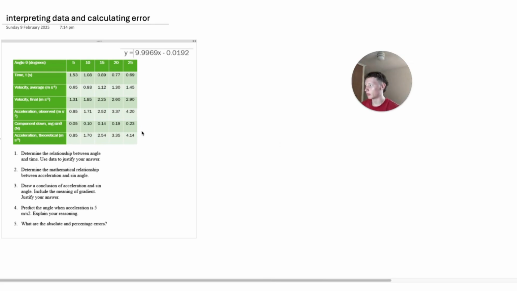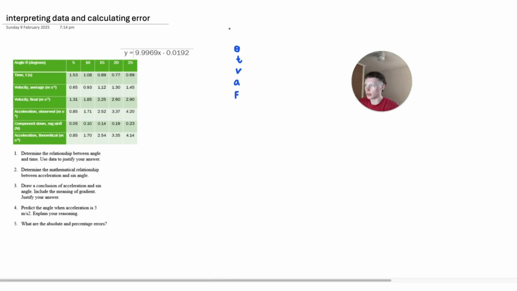So I guess to start, there's data here, right? I'm just listing what I actually have. I've got an angle, time, velocity, acceleration, and a force.